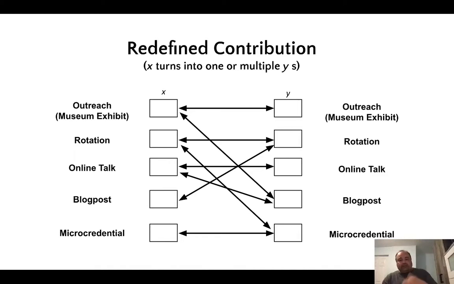Then maybe you want to teach other people how to do something like this, so you would create a micro-credential or a video. This is just one of many things you can do. You can do an online talk and become successful at it, so you do another online talk, and you do a blog post on the original talk. So you can build this body of work.